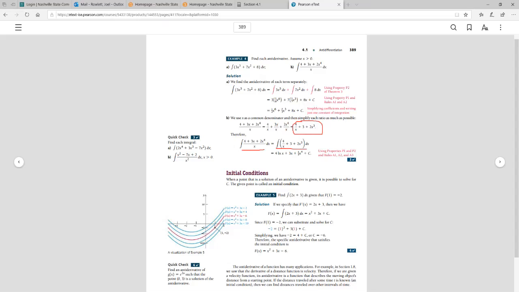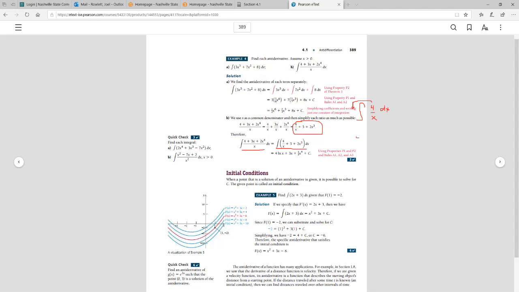Notice that the integral of 4 over x with respect to x can be evaluated by first taking the 4 outside. That's that constant rule.